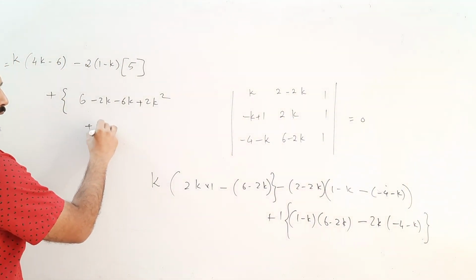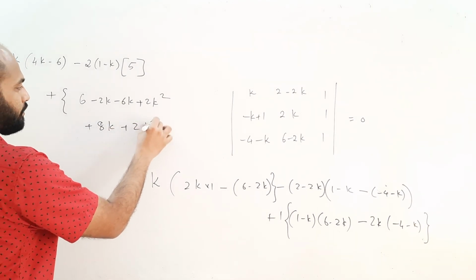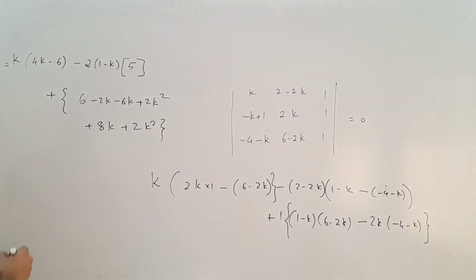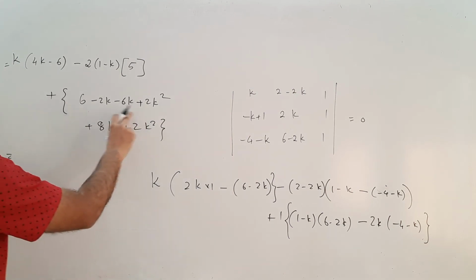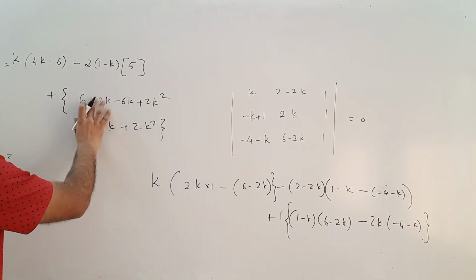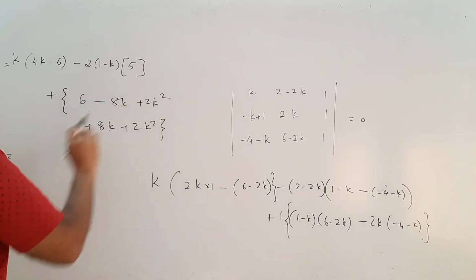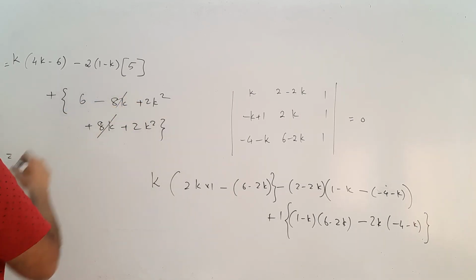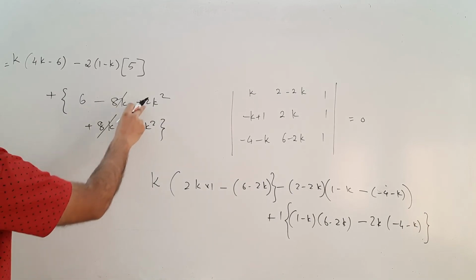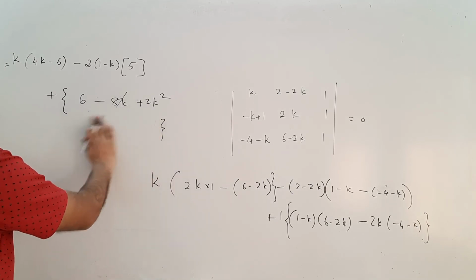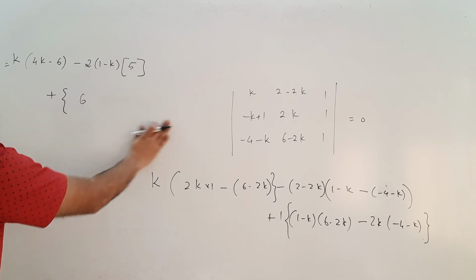So it's going to be 8k plus 2k square. So ultimately, simplifying this further, I'm going to get 6 minus 8k over here plus 2k square. So 8k and 8k cancel, and what we get is 2k square, 2k square. So ultimately this is going to be 4k square over here.